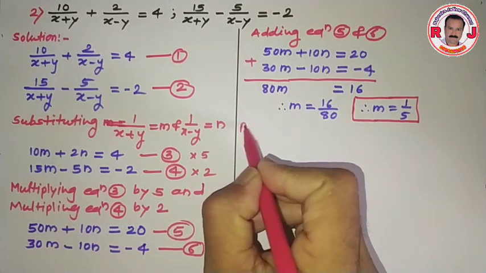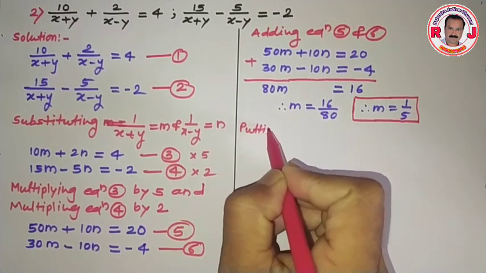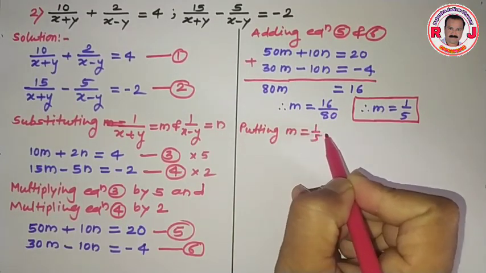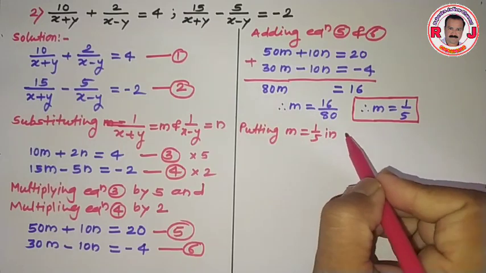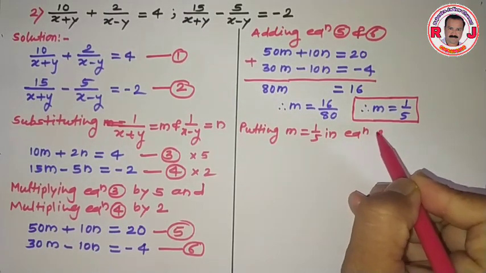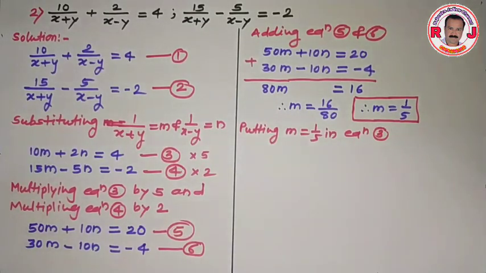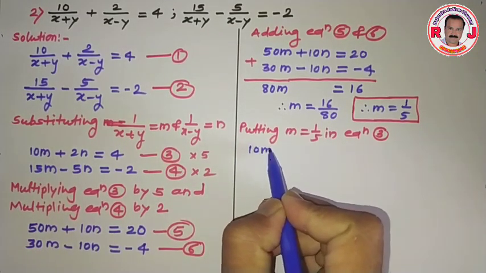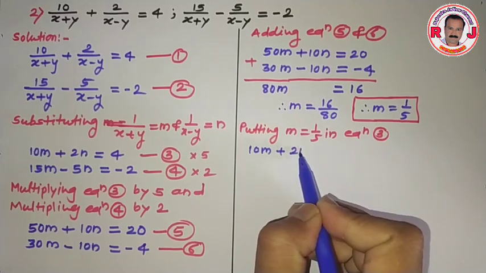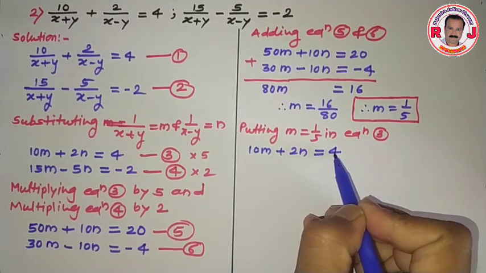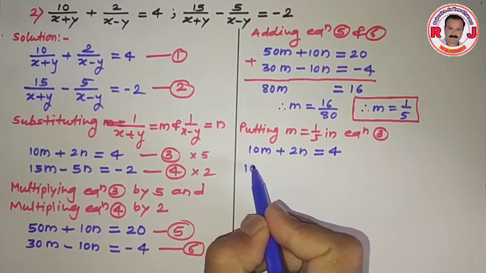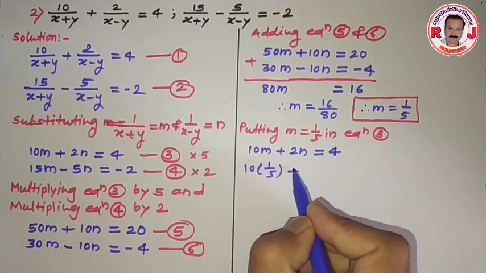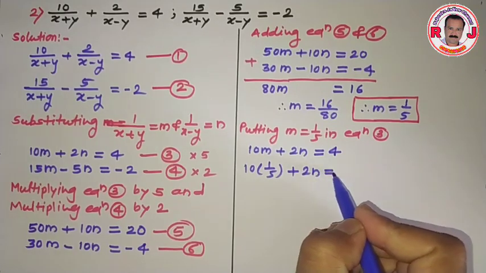Putting m is equal to 1/5 in equation 3. First write down equation 3: 10m plus 2n is equal to 4. Therefore 10 into the value of m, 1/5, plus 2n is equal to 4.